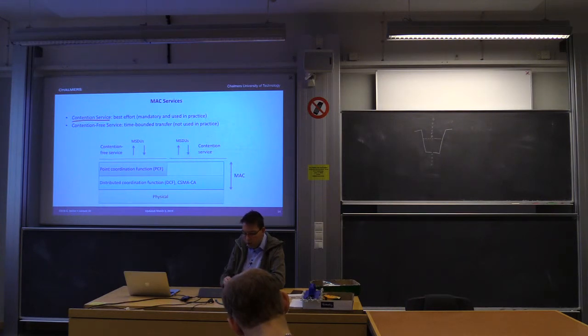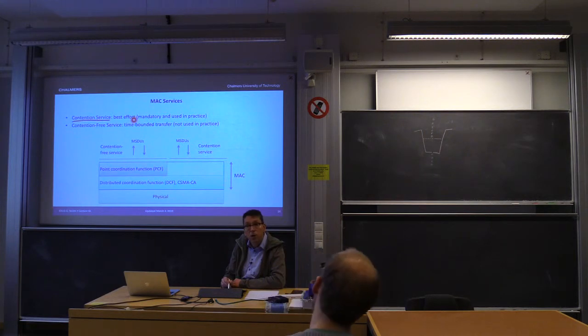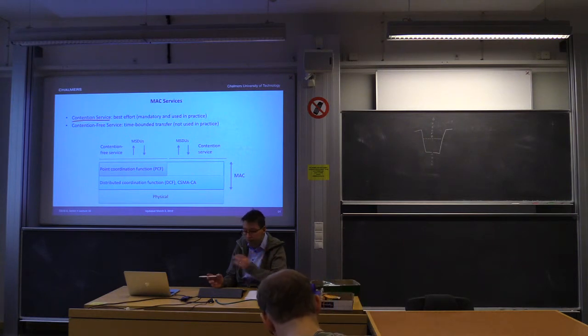A contention service basically means best effort. Whatever frames go down here might come up to the intended receiver, but there is no guarantee. So best effort means that I will try to do my best to deliver frames. I promise nothing.